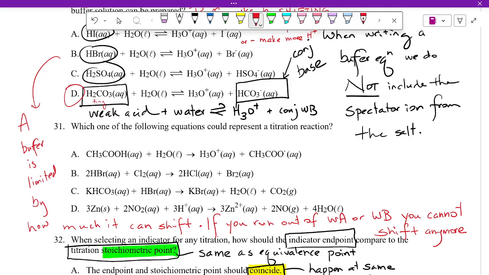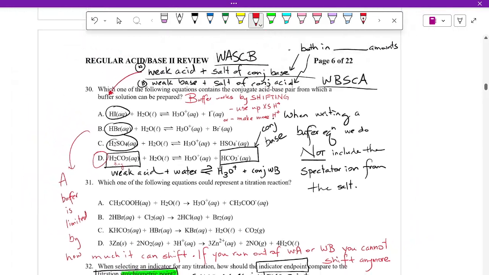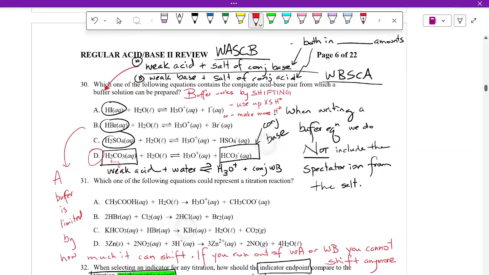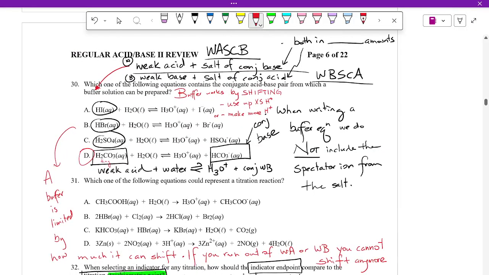So how much weak acid do we need, and how much weak base do we need to have an effective buffer? Do we need a lot or do we need a little? We need a lot, both in large-ish amounts.